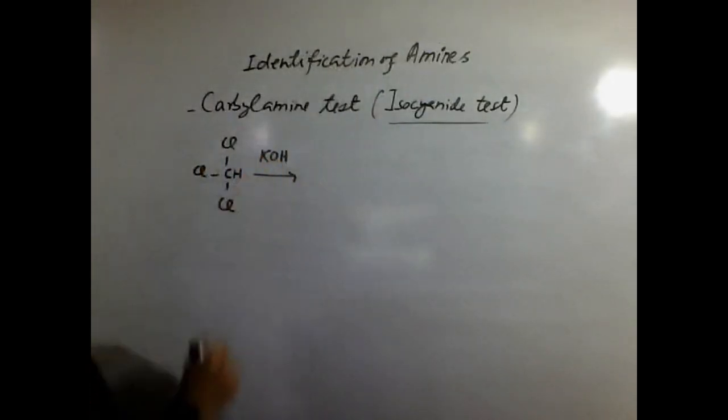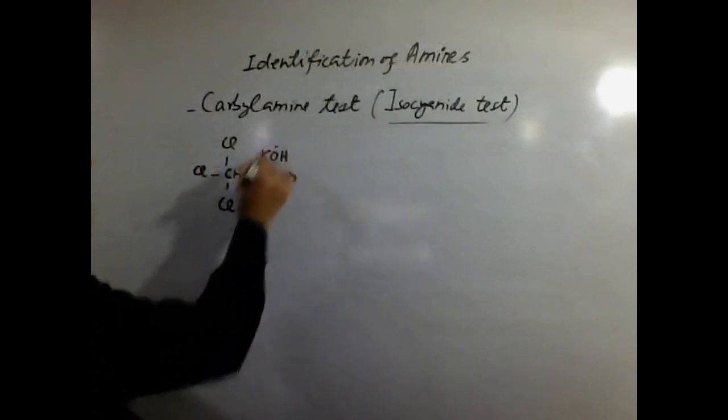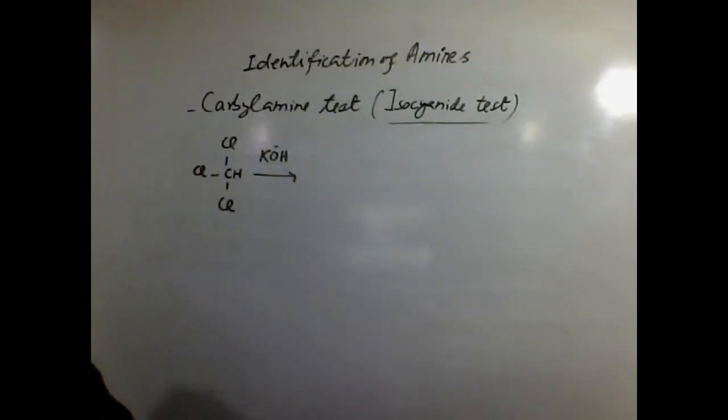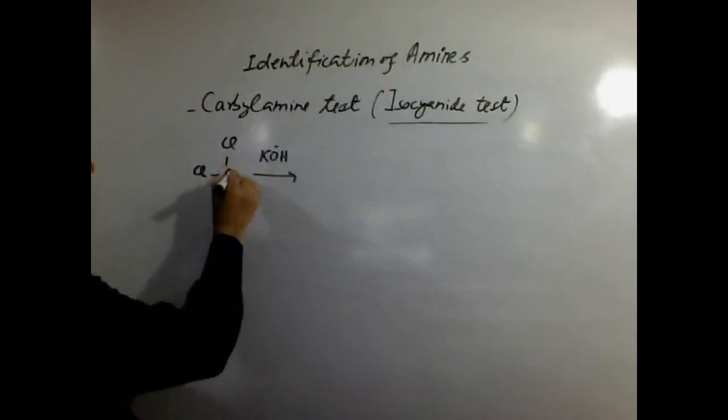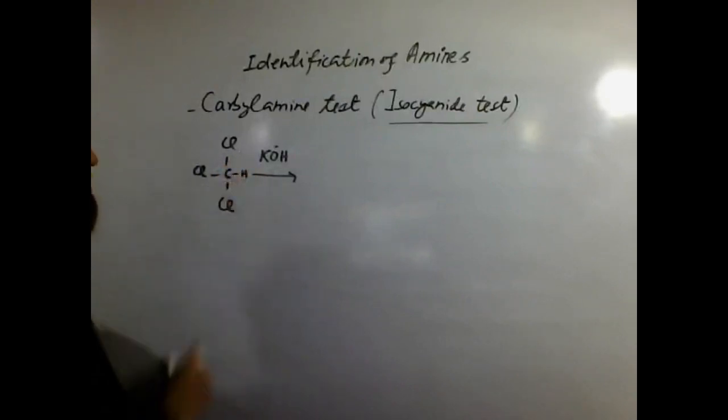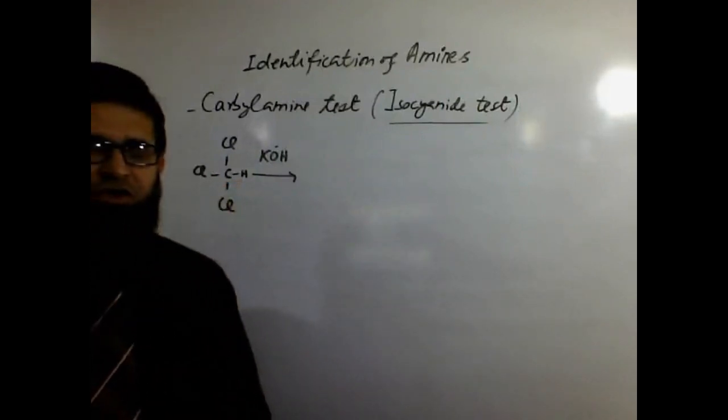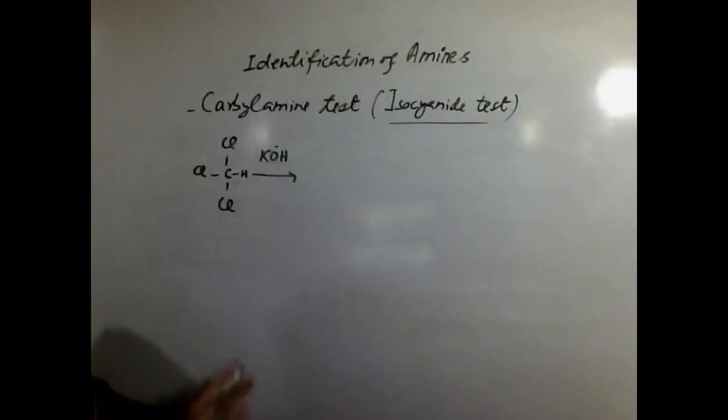This basic entity, the hydroxyl group, has the ability to pull this proton out from this carbon. In general, chloroform is not supposed to be that acidic.